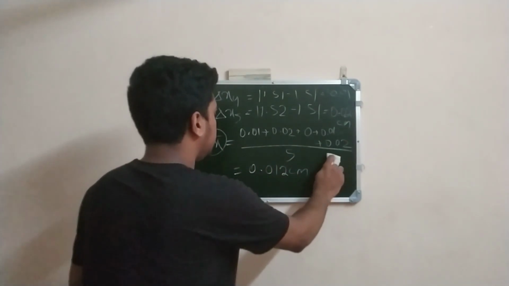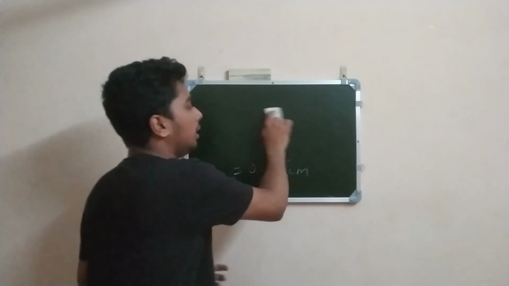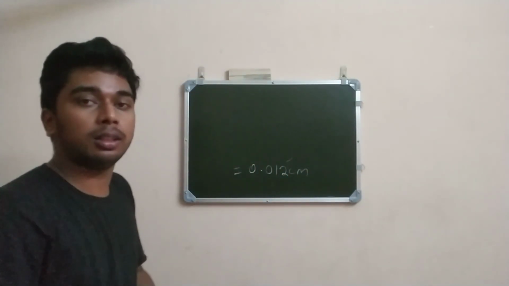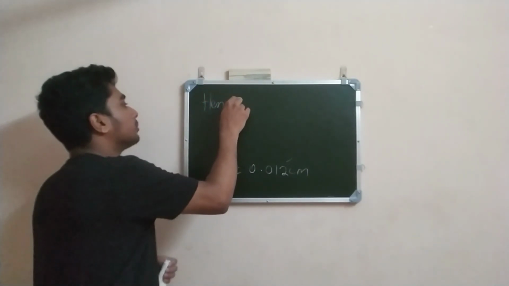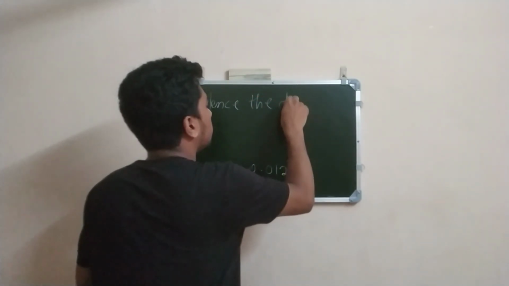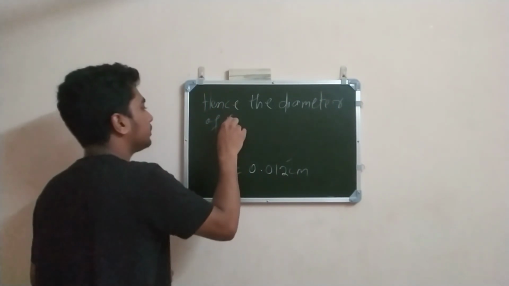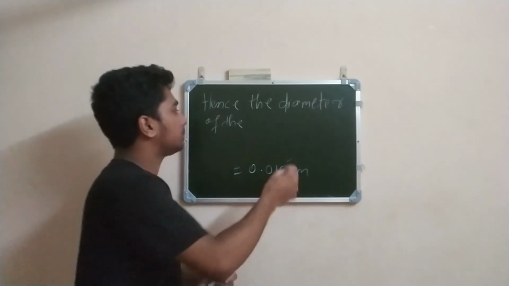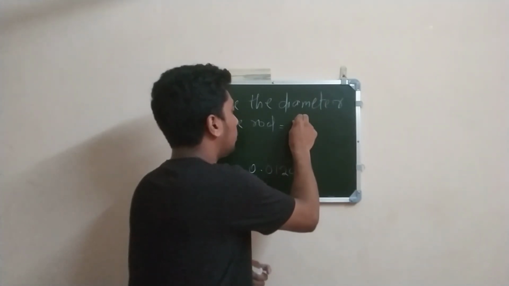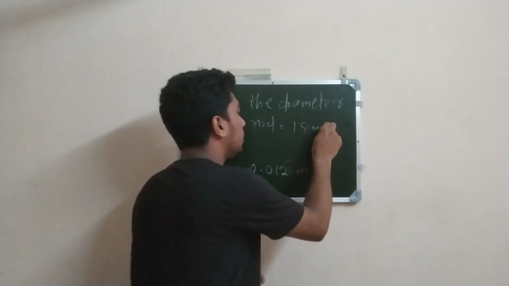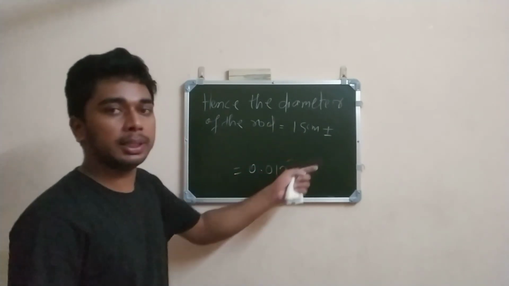So I will write my result. The diameter of the rod is 1.5 centimeter plus or minus, where plus or minus means the deviation.